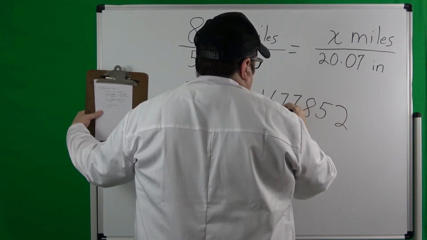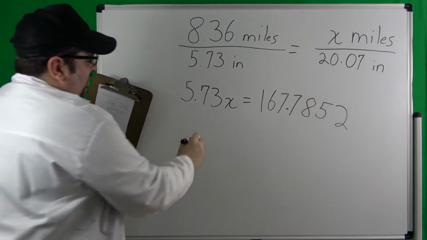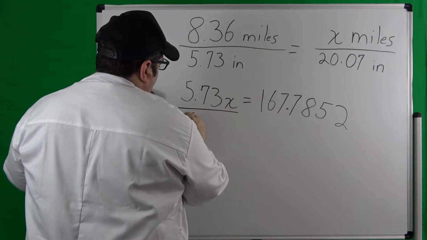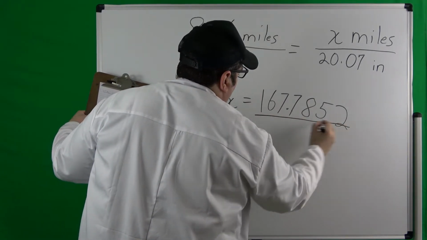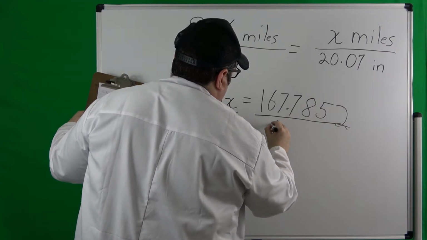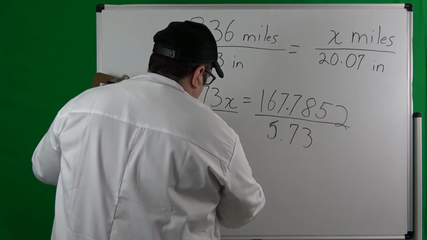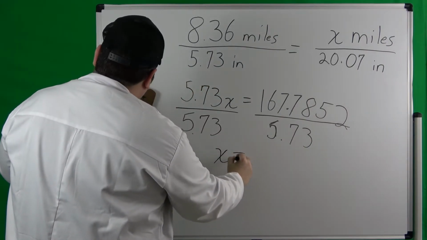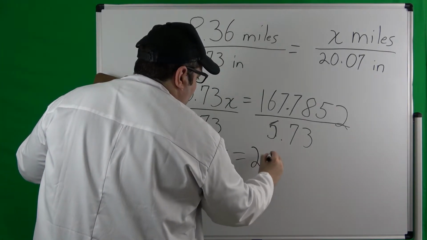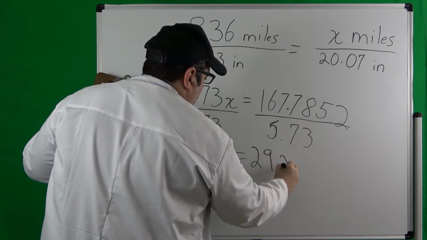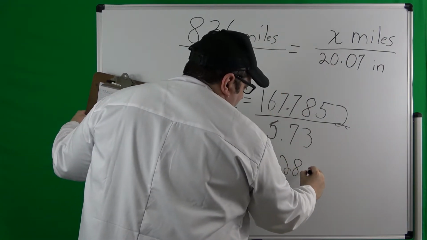Okay, that's messy. All right, and then we'll just divide both sides by 5.73. And we get x equals 29.28. And we were looking for the miles.